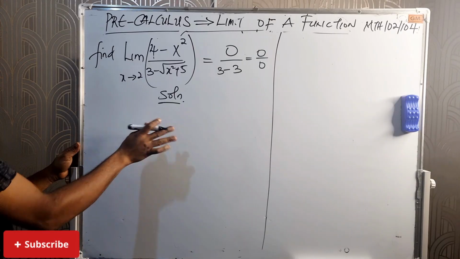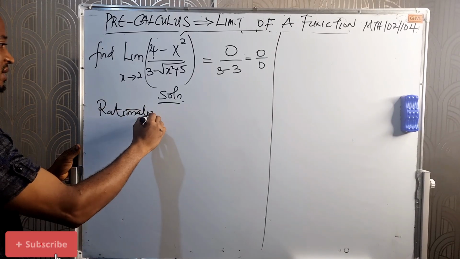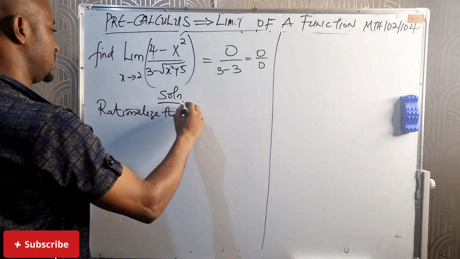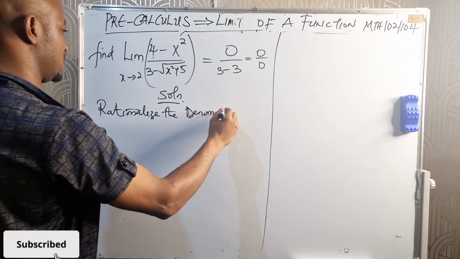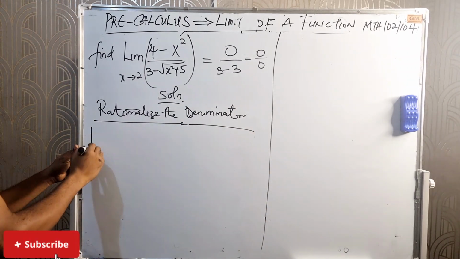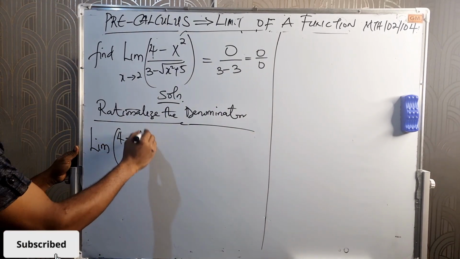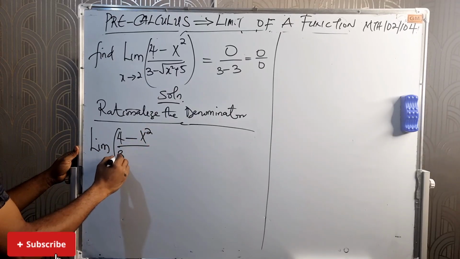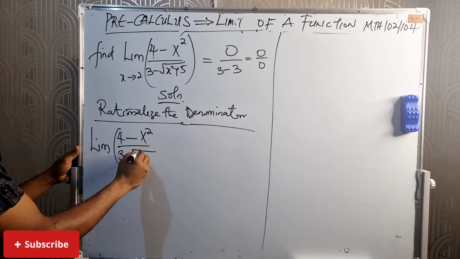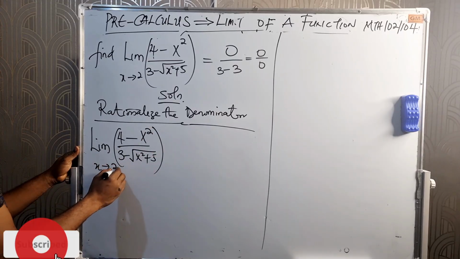So what we do is to rationalize, right? We have to rationalize the denominator. So let's go. We have the limit of (4 minus x squared) divided by (3 minus root of x squared plus 5) as x is approaching 2.